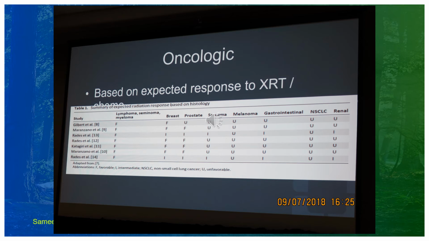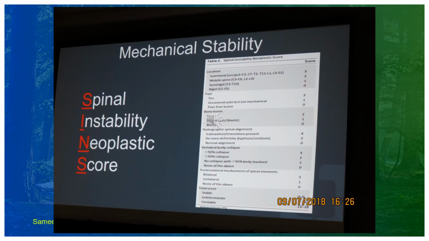So neurologic, oncologic, third is mechanical instability. So mechanical instability is according to this scale, and this is just so that you know how we evaluate a patient with a spine tumor.